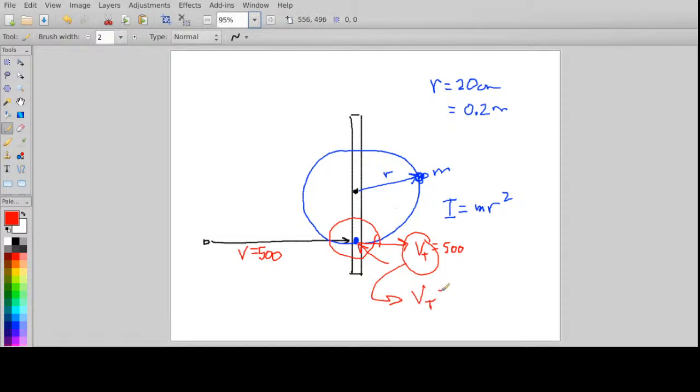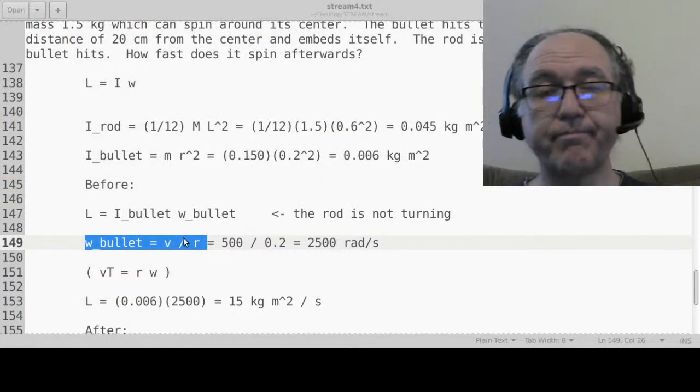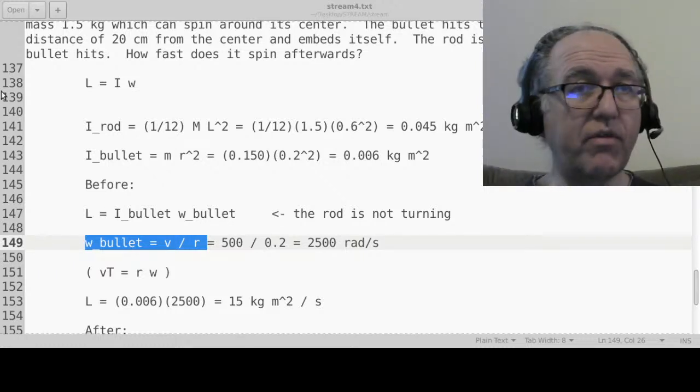Yeah, Vt is equal to r omega. So omega is equal to Vt over r. But Vt is just v, and so you're back to just calculating v over r. And so that's how you go from that linear velocity to the angular velocity of the bullet.